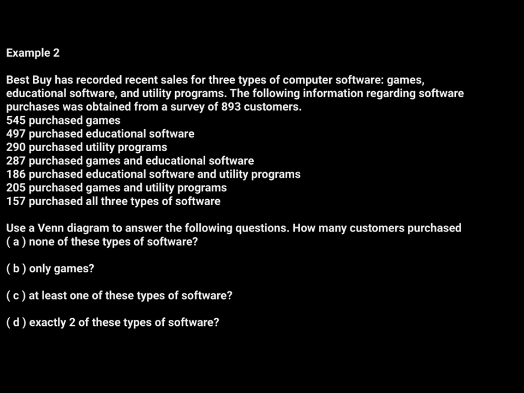We're going to use a Venn diagram to answer these questions. How many customers purchased none of these types of software, only games, at least one of these types of software, and exactly 2 of these types of software? All right, let's get our Venn diagram going.